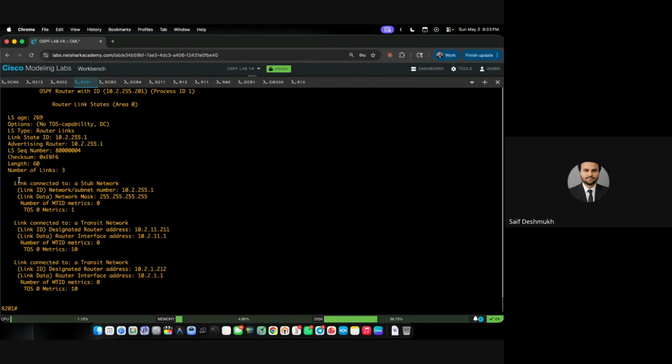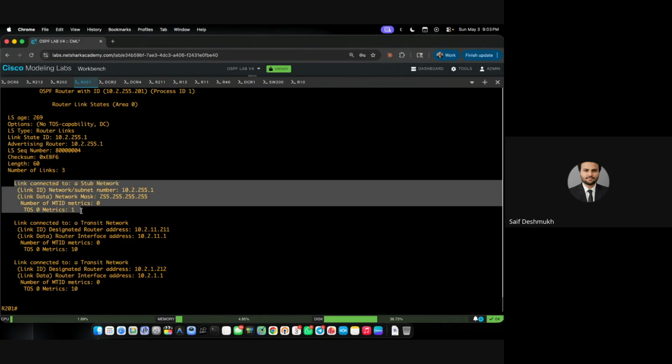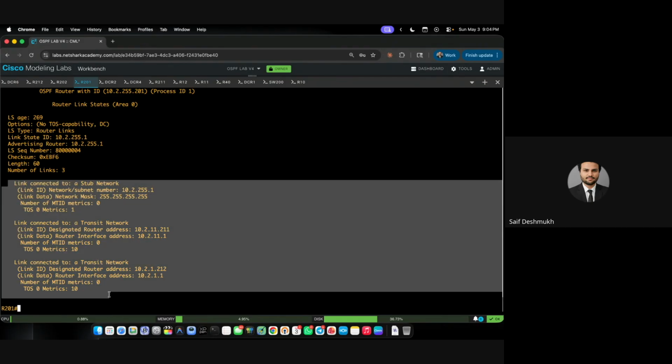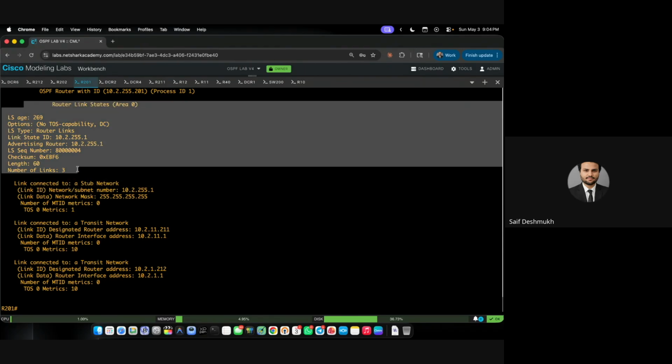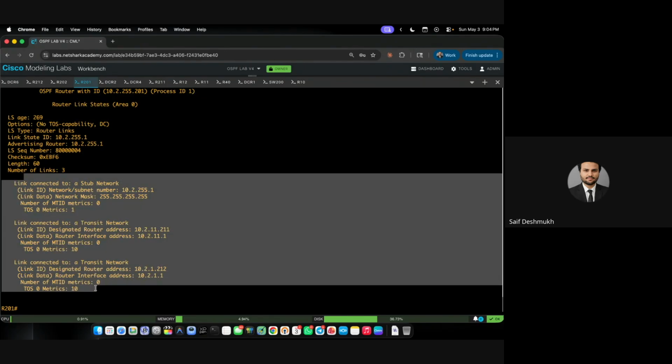So somebody sent this router 201 a type 1 LSA of data center router 1, and it had 3 links. Each link's state is also separately given. This is the detailed information sent in the update packet, upon being asked using the link state request packet. This is the header of this LSA, and this is the detailed information.